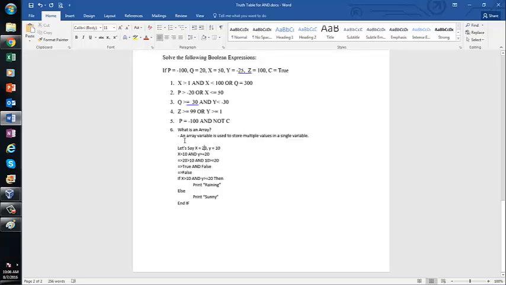Okay. So take a look here. You did your algebra in school. Let's say, prove that, if x equal to 2 and y equal to 3, prove that x plus y, whole square, equal to 25.